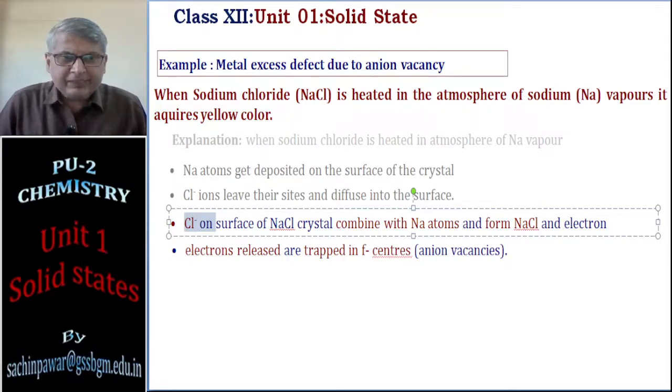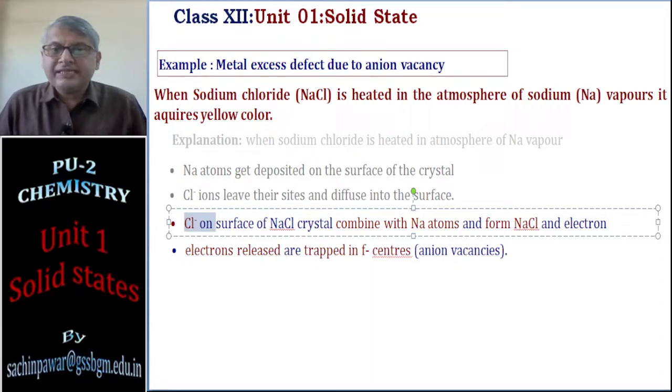Just see what happens here: an electron has to be ejected. So one electron is ejected. This electron will enter the solid and go to the lattice site of the ion from where the chloride has come, and we call that the F center. And this electron will rest there.